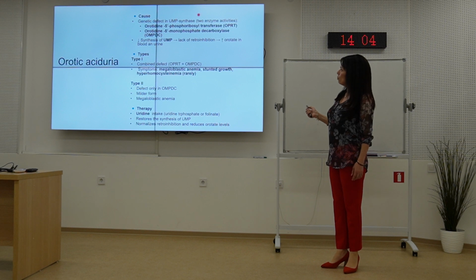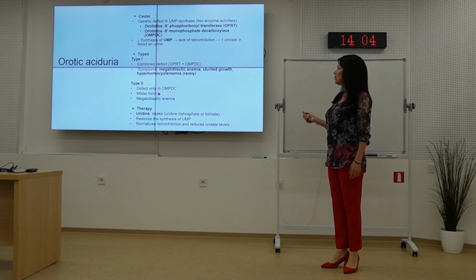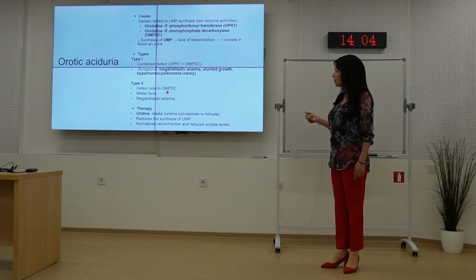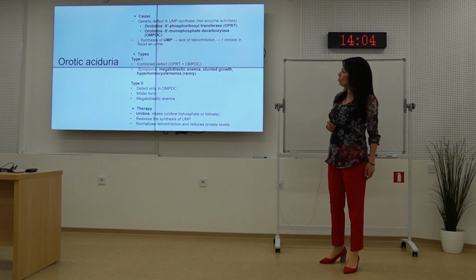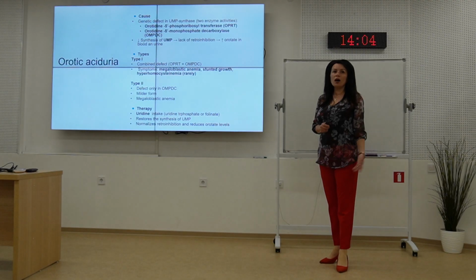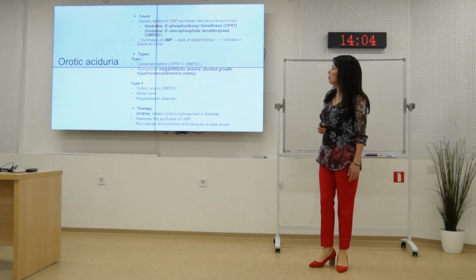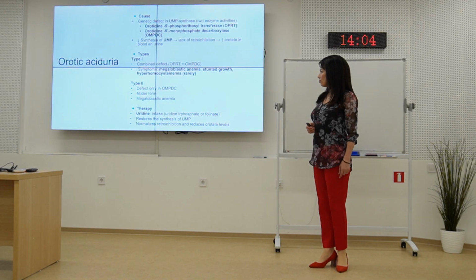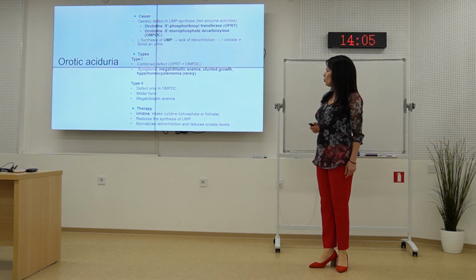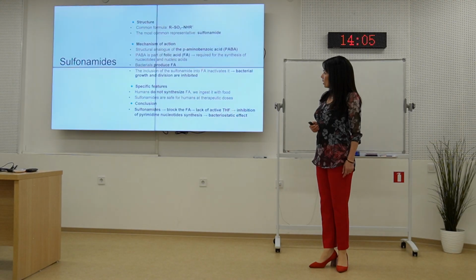If we're talking about both enzymes, transferase and decarboxylase, it is type 1. If we're talking about only decarboxylase, it is type 2, which is a milder form. The symptom is megaloblastic anemia. Fortunately treatable. The therapy is uridine intake, which restores the synthesis of UMP in the end.